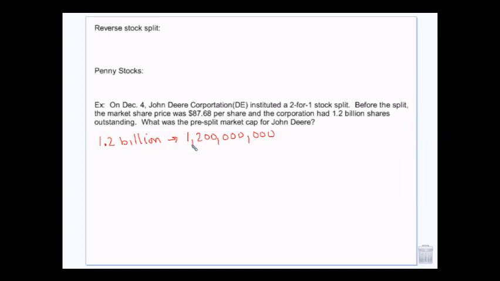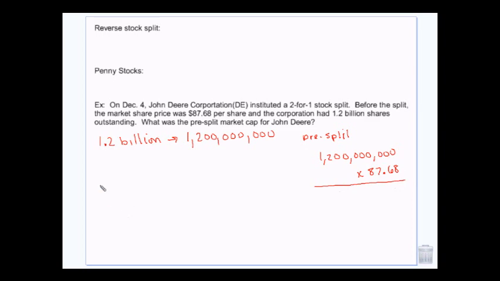We want to find out what is the pre-split market cap. Well, the pre-split market cap is that 1.2 billion shares times 87.68 per share.